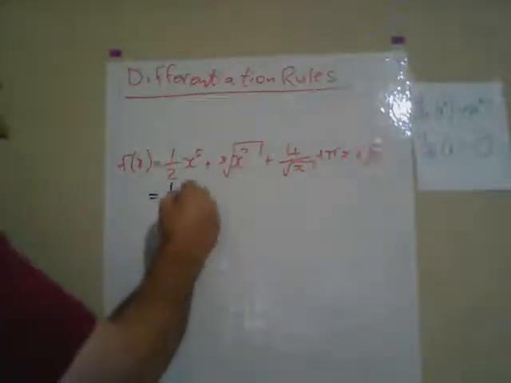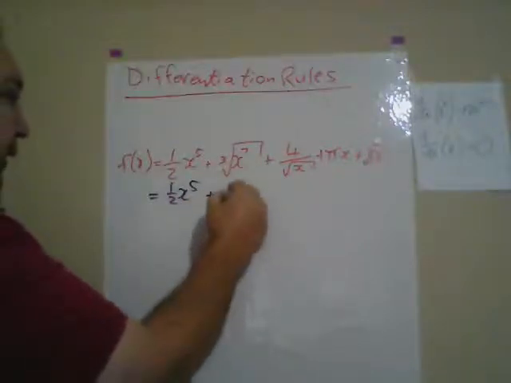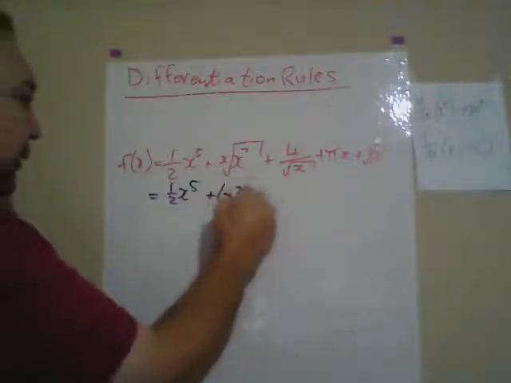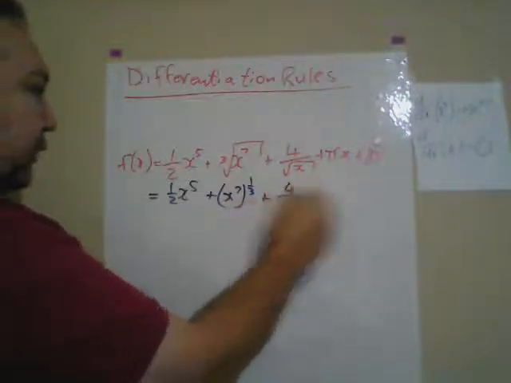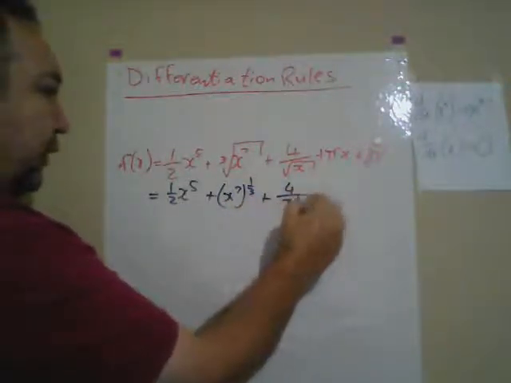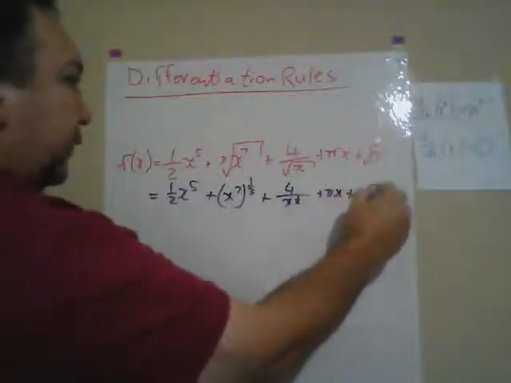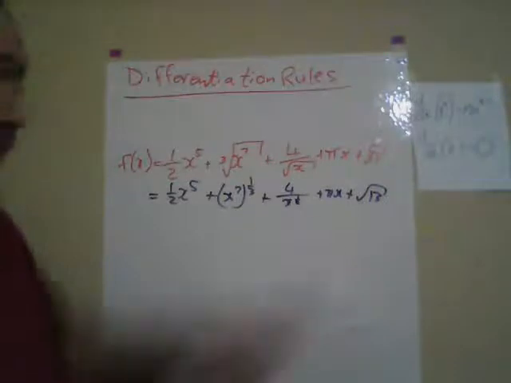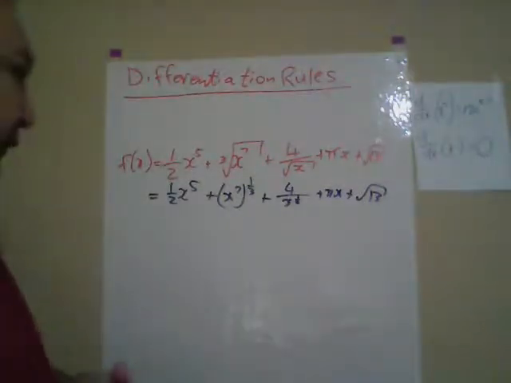Okay, so half x to the 5 plus x to the 7 to the power of a third plus 4 over x to the power of a half plus pi x plus square root of 13. We don't change the square root of 13 because it is a constant.